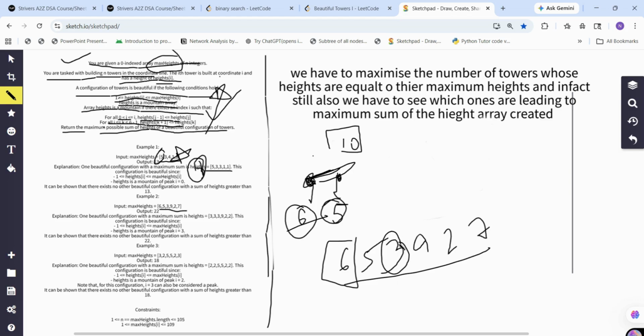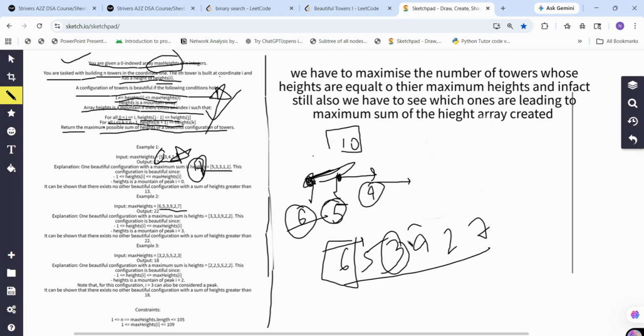Here it is again dropping. I want them to be rising only. So what I could do is make the heights of them also equal, and the maximum sum possible is 9.